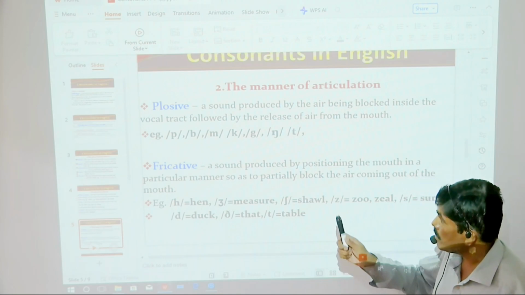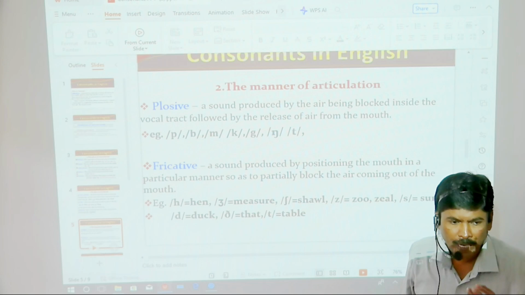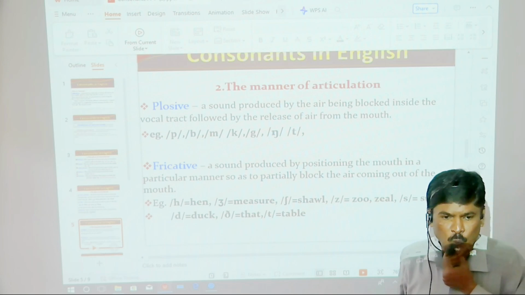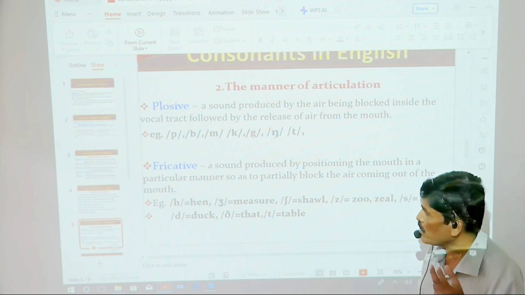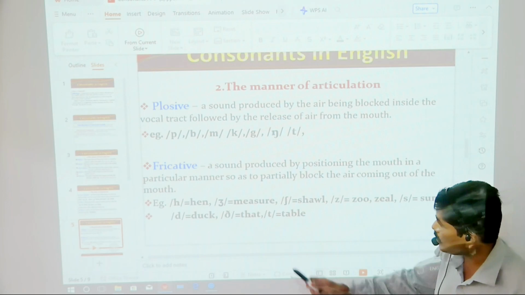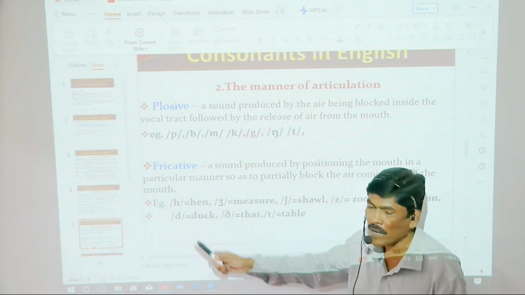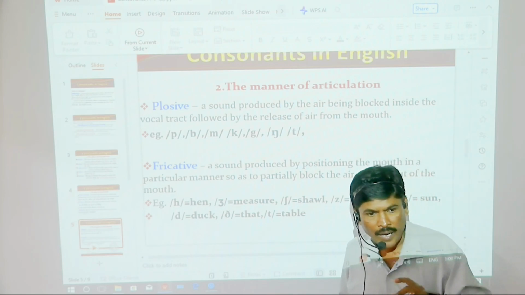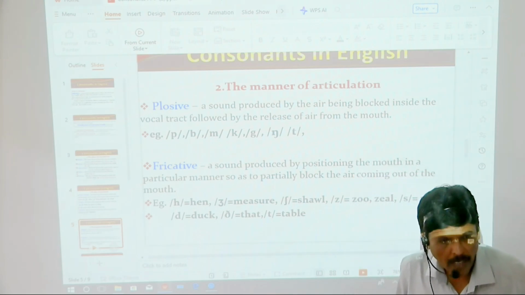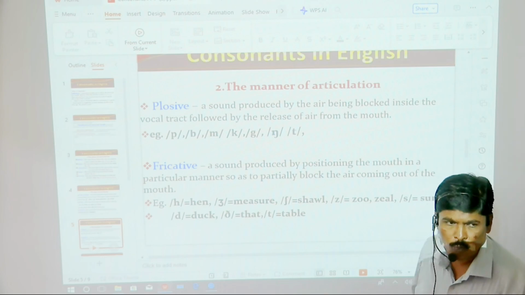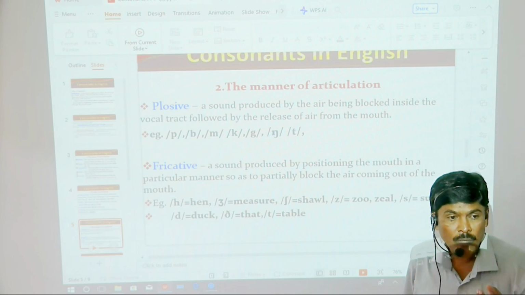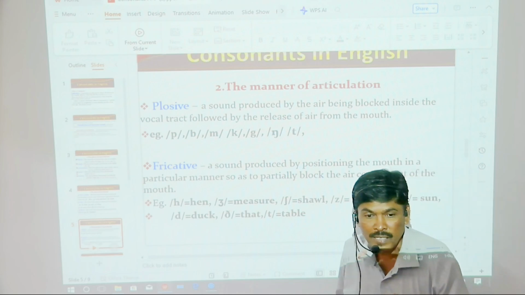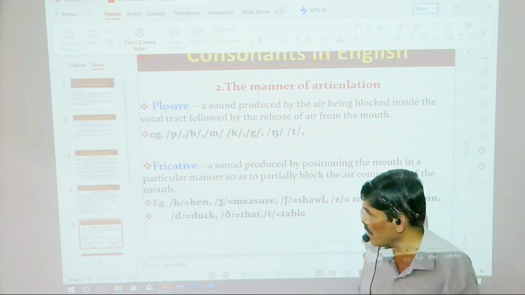That time a fricative sound is produced. There is a kind of friction in the throat, a kind of friction in the mouth cavity. Therefore, that is called fricative. For example, ha. To some extent air is blocked, and air also comes out of the mouth cavity creating a friction sound, a hissing, buzzing, humming sound.